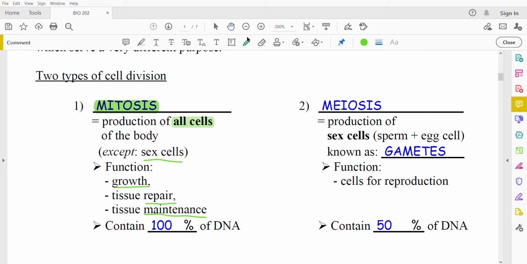What's important to note about mitotic cell division is that the resulting cells, we call them daughter cells.